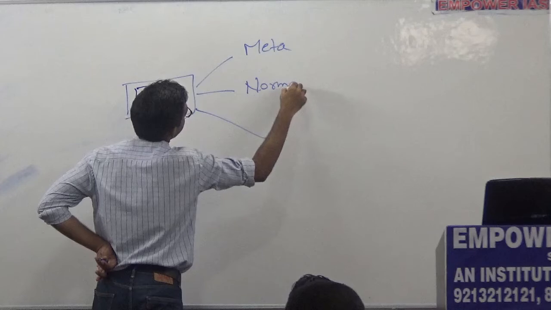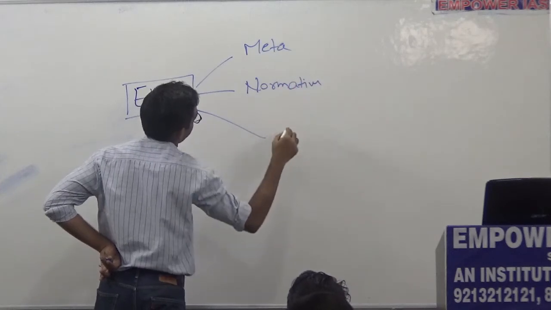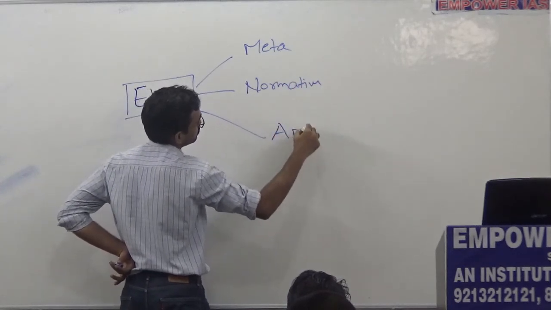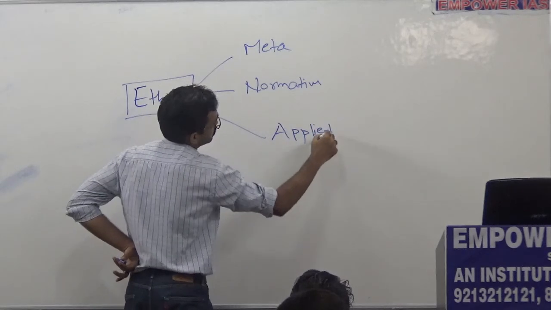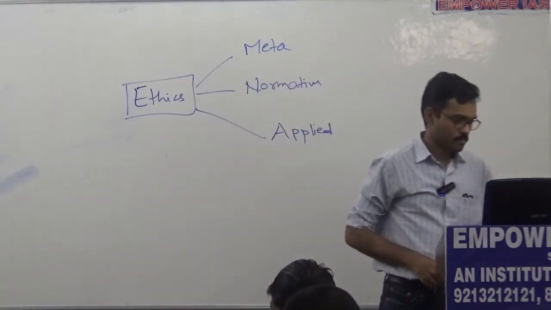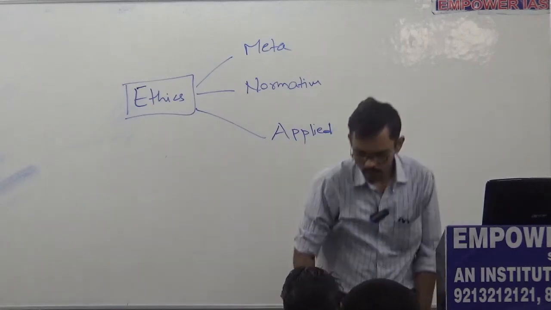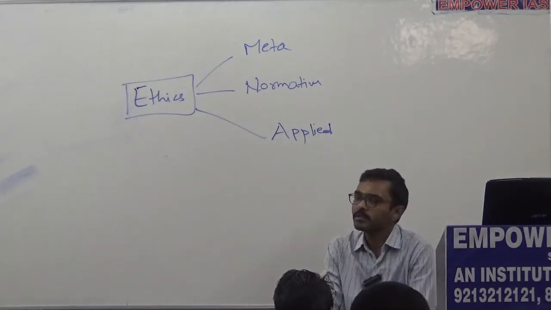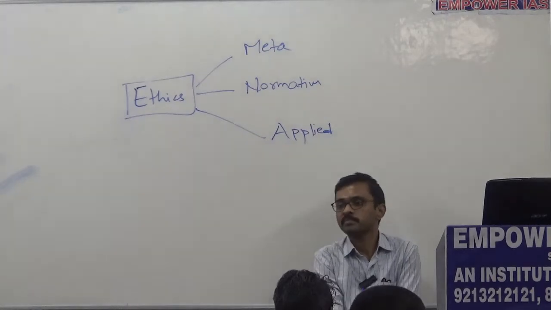So there are three dimensions of ethics: meta-ethics, normative ethics, and applied ethics. Okay, so let us discuss them one by one. First is meta-ethics.